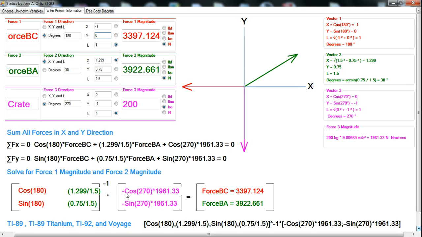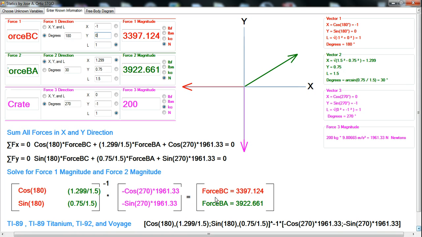So this here, it's negative cosine of 270 and negative sine of 270 times 1961, and the reason for that being negative is because you have rewritten these equations, and you have taken this whole quantity here and you're taking it to the other side. So when you take it to the other side, it's negative, and the same thing with this quantity. It will be negative sine of 270 is taken to the other side of the equation, and this is going to equal another matrix, which is going to give you two numbers.